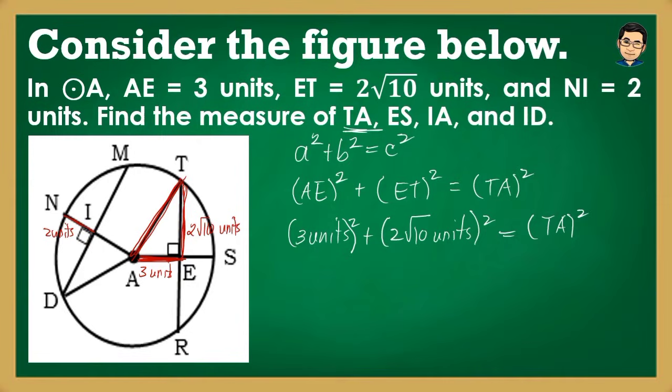Ayan. And then, ang gagawin lang natin, i-square natin yung 3 units, tsaka yung 2 square root of 10 units. So, 3 times 3, that is 9. So, this is 9 square units. And then, 2 square root of 10. So, gagawin lang natin 2 square root of 10 times 2 square root of 10.